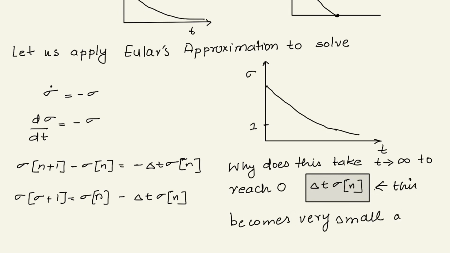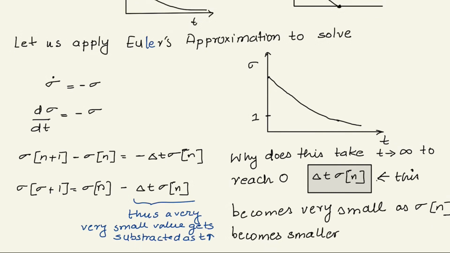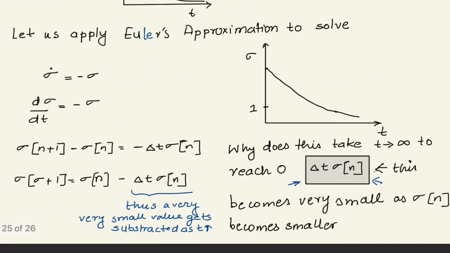So, the part that is taken away in every step becomes very small as time progresses. Thus, it takes infinite time to settle or to go to zero. That is why sigma dot equal to minus sigma is not meeting our requirement.